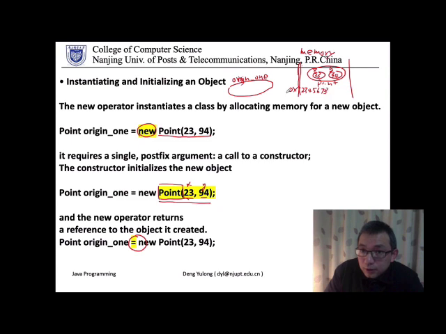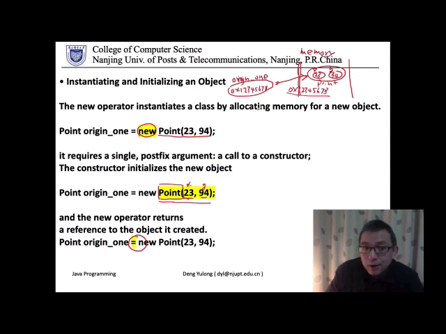It's an address. In this step, we use the assignment operator, and we will put this address into this reference variable. Now we build a connection between the reference variable and the object inside the memory.